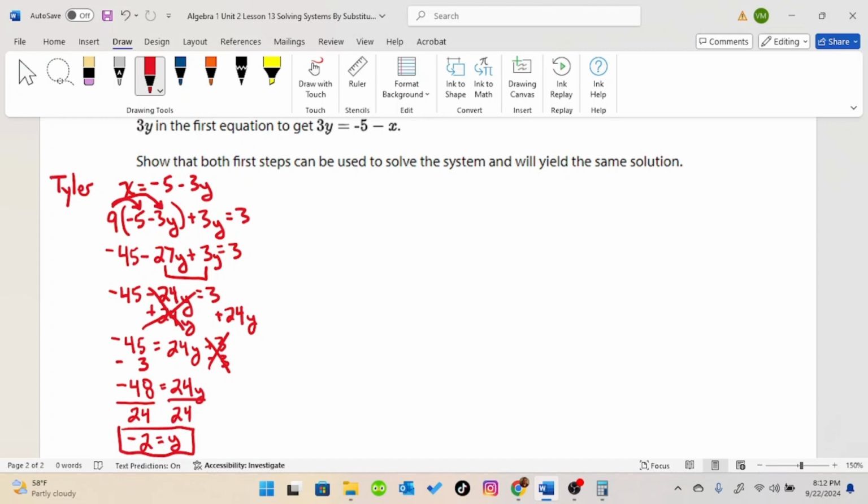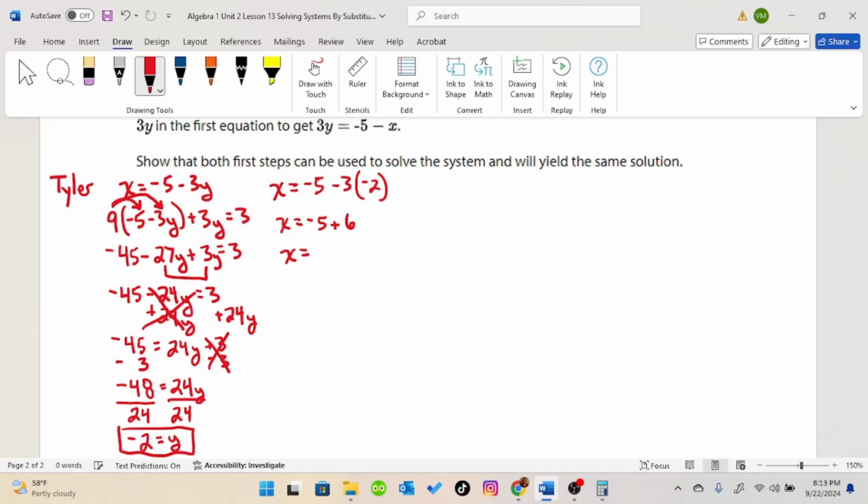Now that we have the value for y, we can substitute it back into the top equation here that solves for x. x equals negative 5 minus 3 times negative 2. Negative 3 times negative 2 equals positive 6.